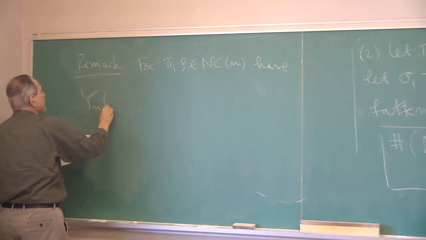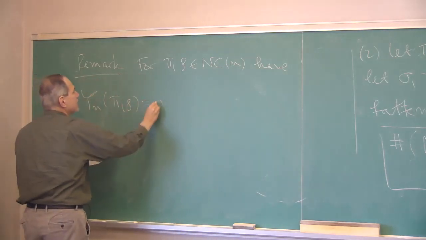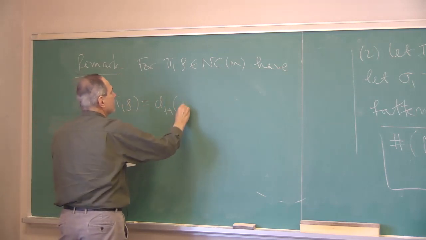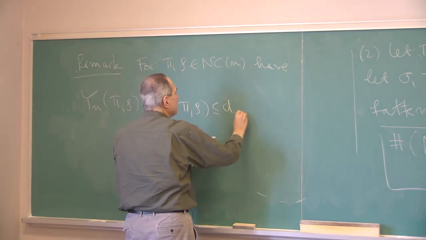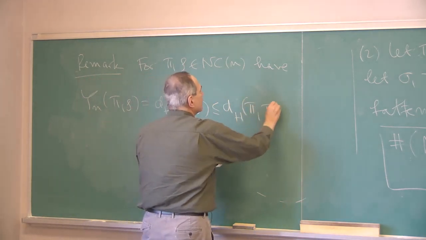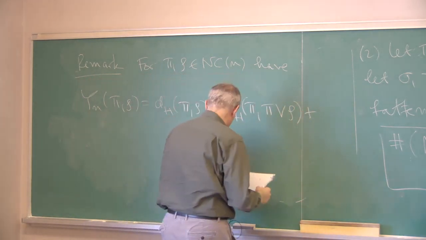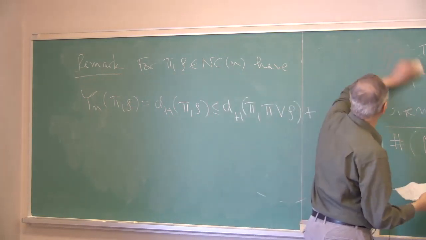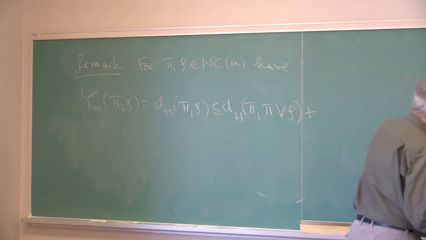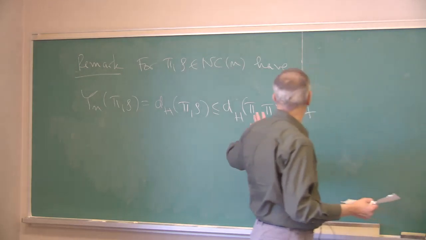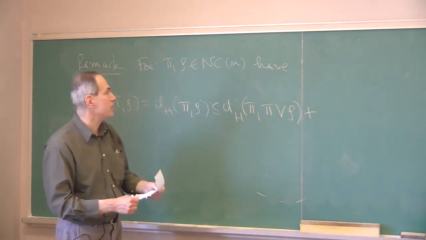If I look at this new random variable, which is the distance, I can bound it with the triangle inequality exactly in the way Jamie was suggesting. So I go to the join. The join is the smallest upper bound of pi and rho with respect to the partial order which is considered there.